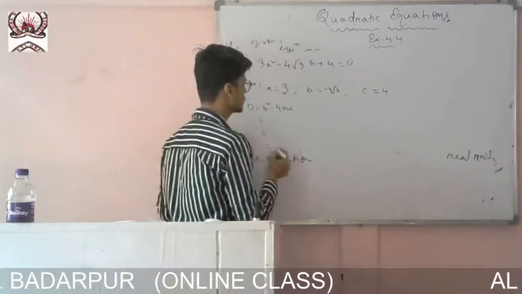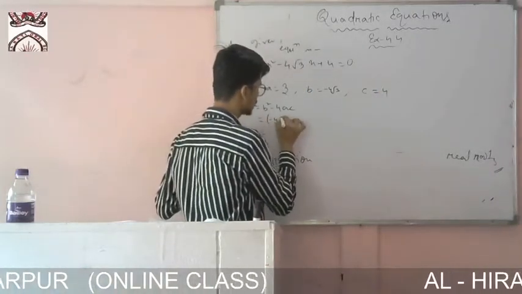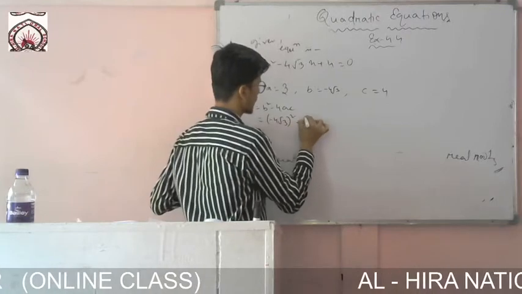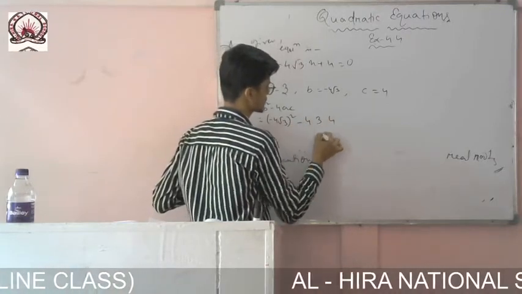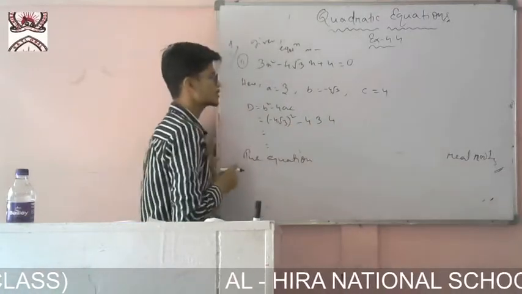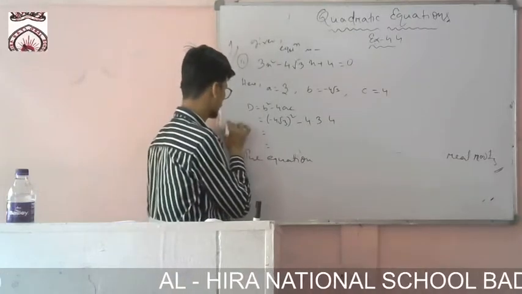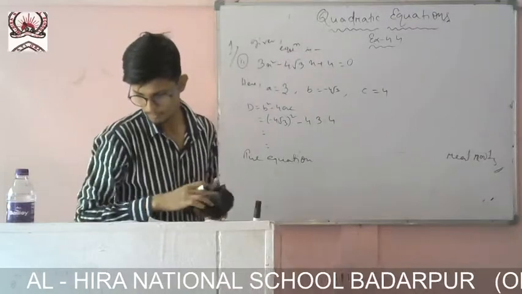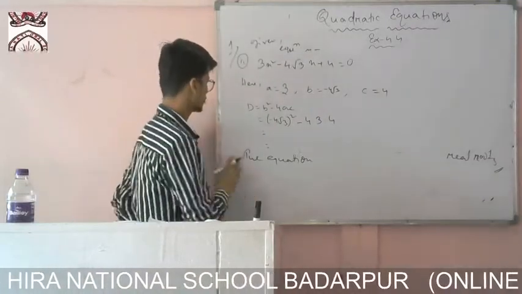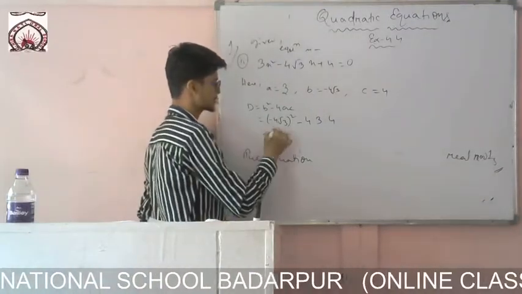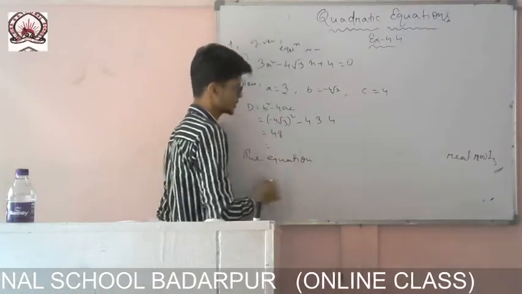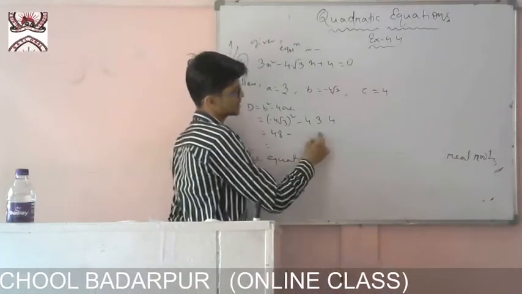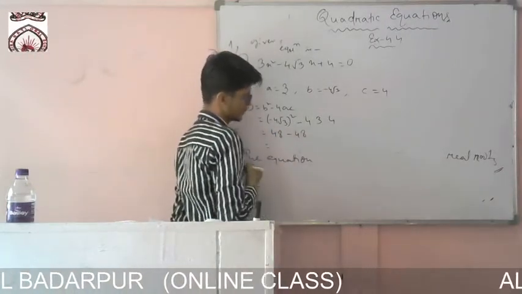Now if I put the value, minus 4 root 3 square minus 4ac, so 4 square is 16, and 16 3s are 48, minus 4 4s are 16, and again 16 3s are 48.